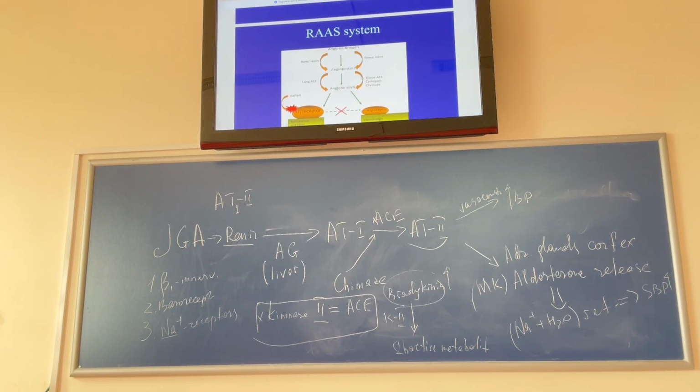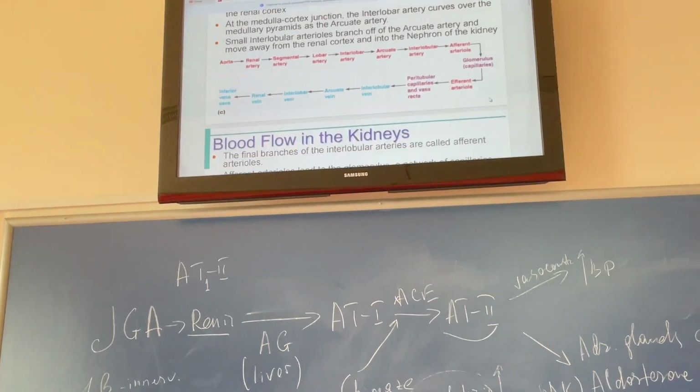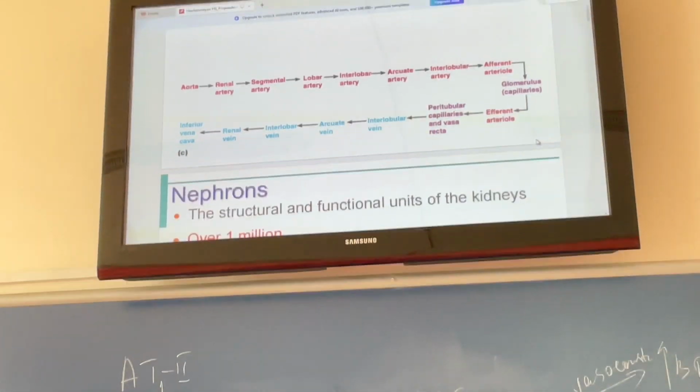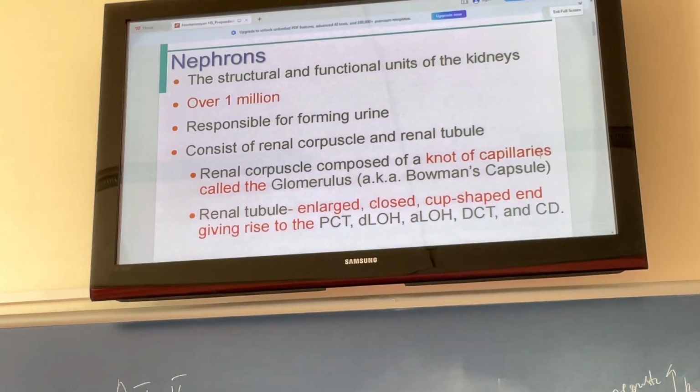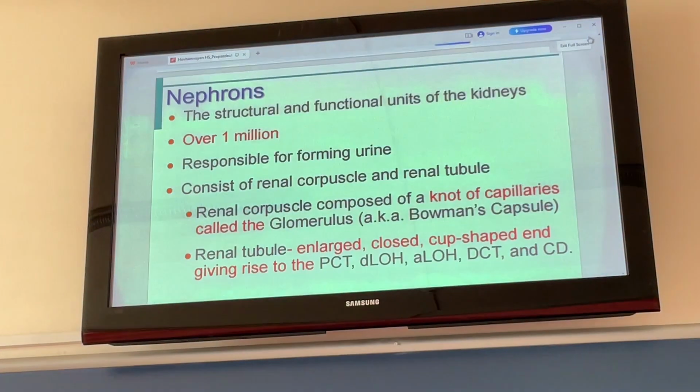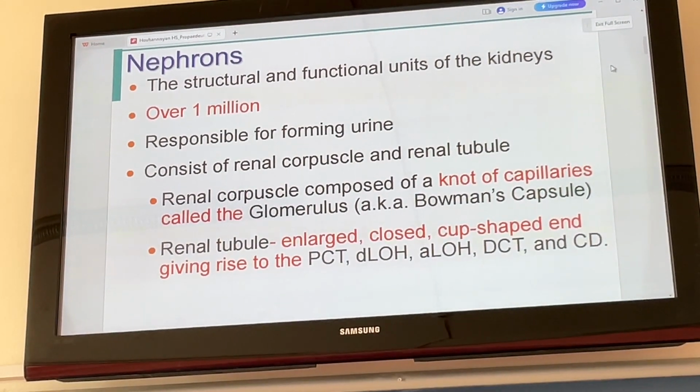We were speaking about this. Aorta, afferent arteriole, glomerulus, blood flow in the kidneys, nephrons. Look, this is one of the most important points here, because we have nephrons.